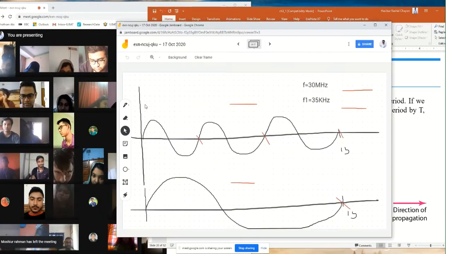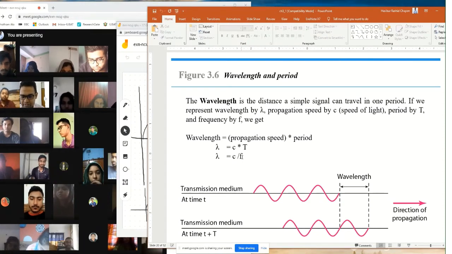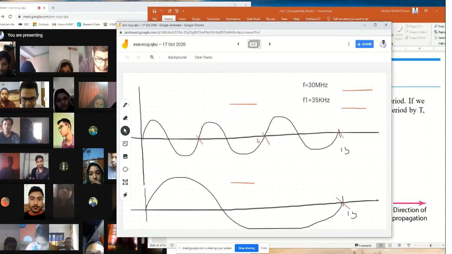So whenever your frequency is bigger, your wavelength is smaller, because we are dividing by f. If f is bigger, of course your lambda will be smaller, and if f is smaller, your lambda will be bigger, according to the equation.